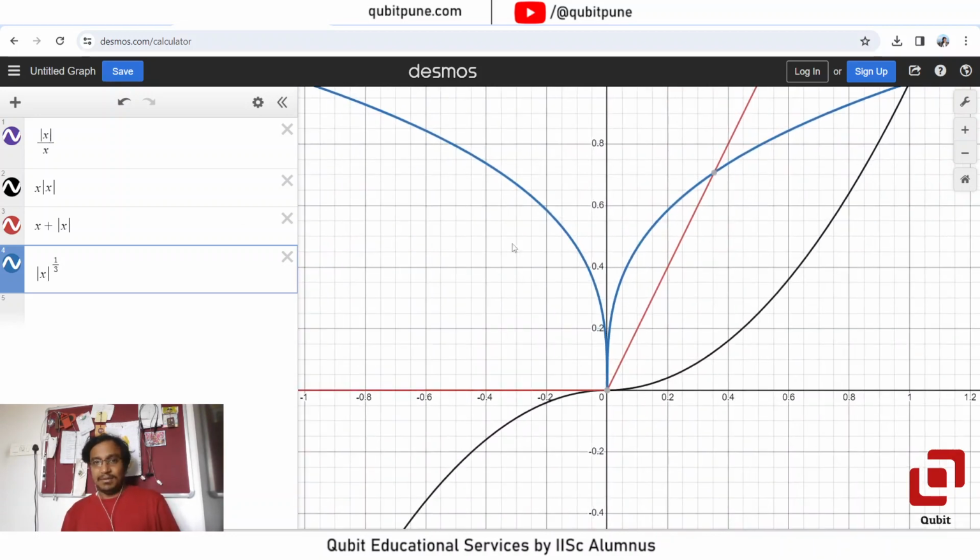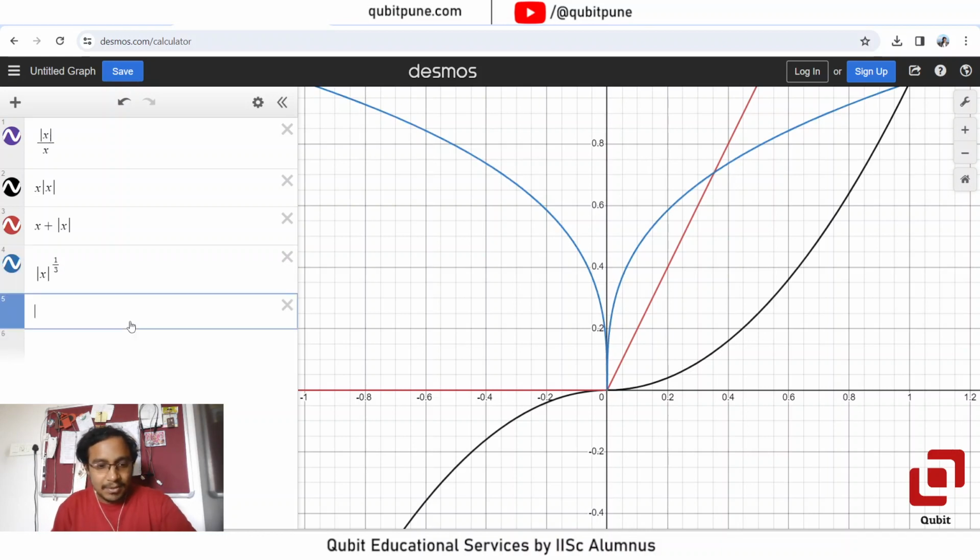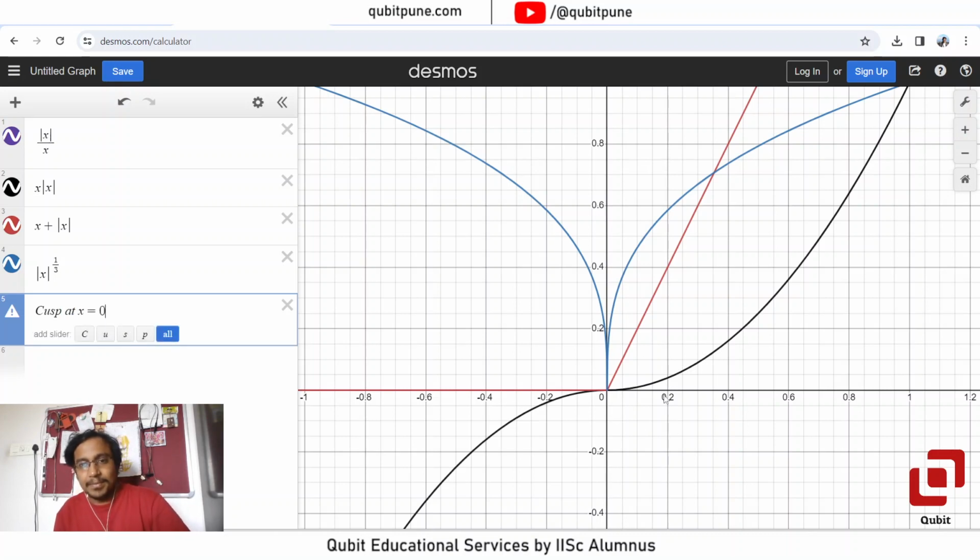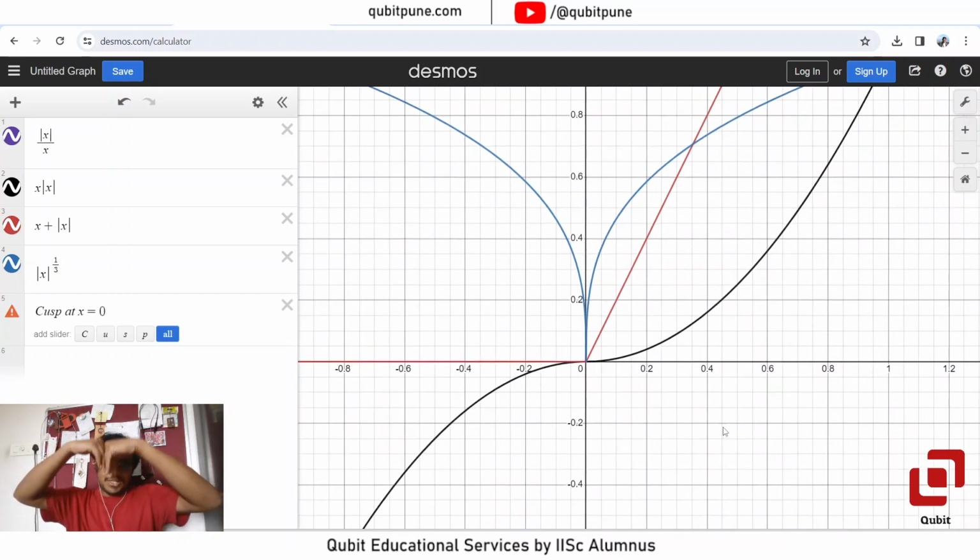This is the function, and you can see that it is forming what we call a cusp. This is CUSP, cusp at 0. But again, you know it's not differentiable because the tangent is vertical. So the option is x mod x.